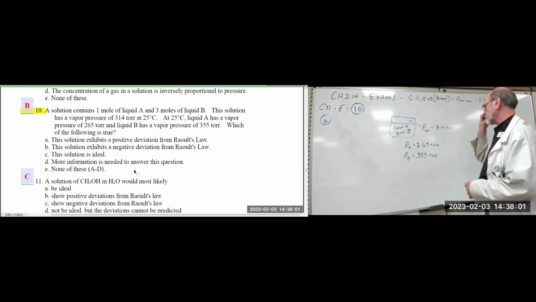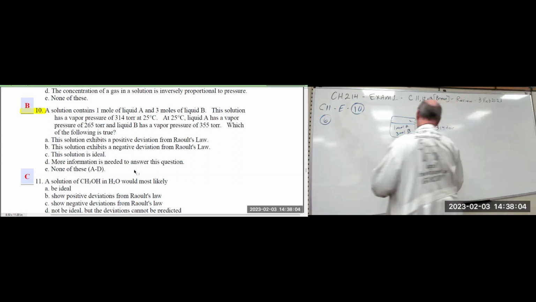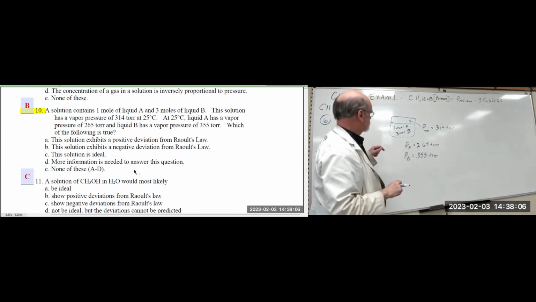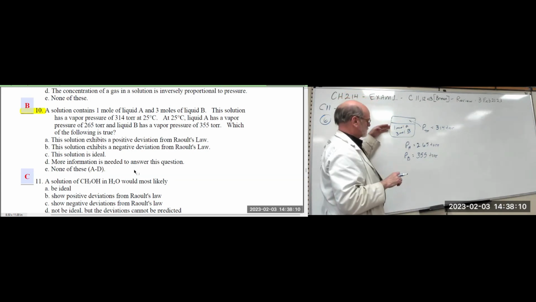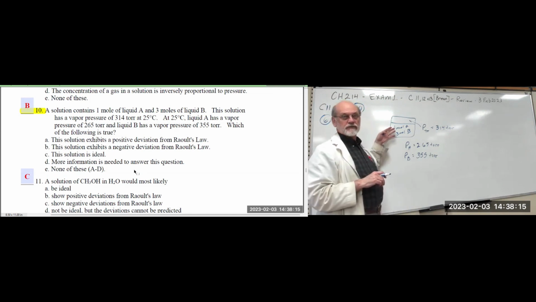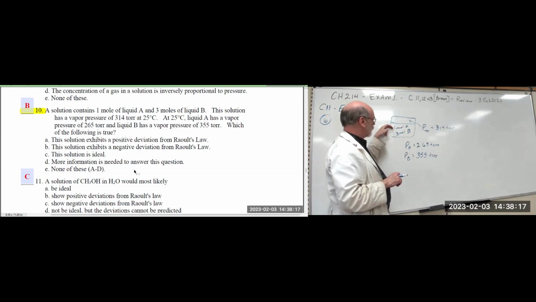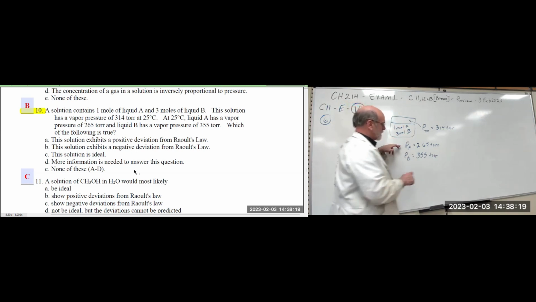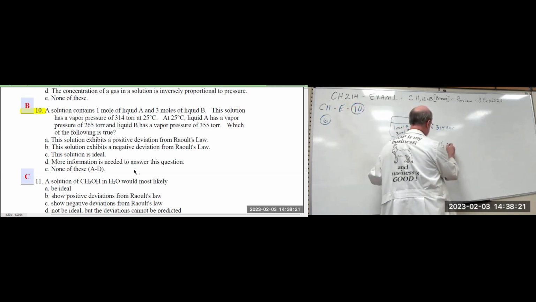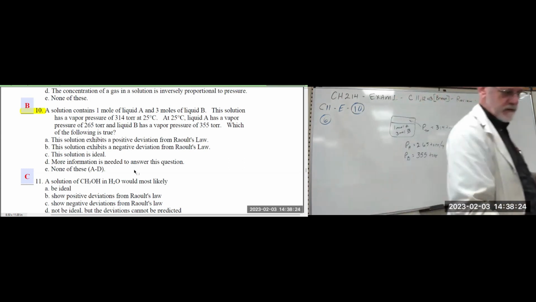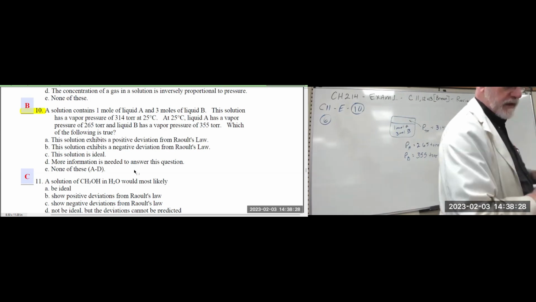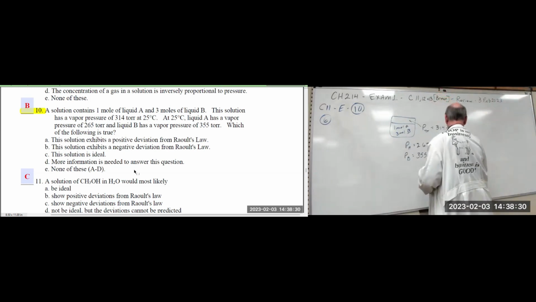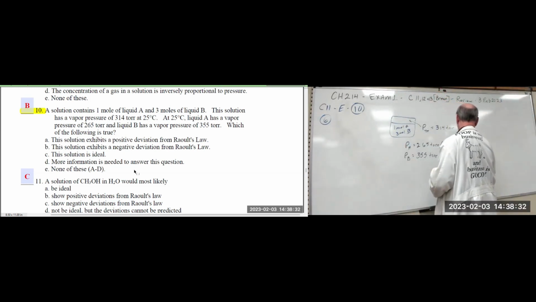Well, what's the contribution of A to the total? It's 1/4, because we've got 4 moles total. 1/4 of them are A. So 1/4 of 265 is 66.25, or 66 torr.